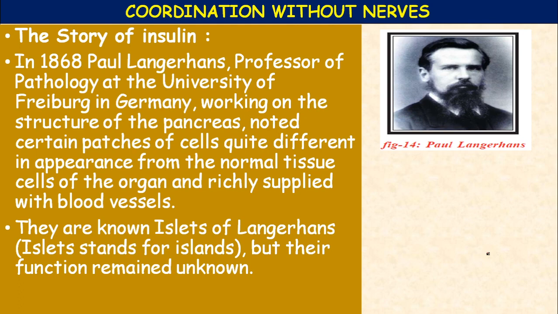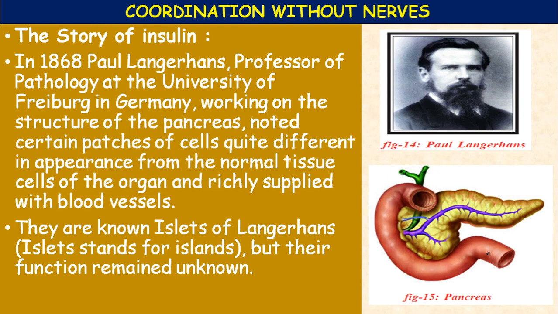So he is Paul Langerhans. Okay, he studied the structure of the pancreas. Later those islets of Langerhans were divided into alpha cells and beta cells, and their function was known later. They produce two important hormones: insulin and glucagon. So later the pancreas is considered a mixed gland.